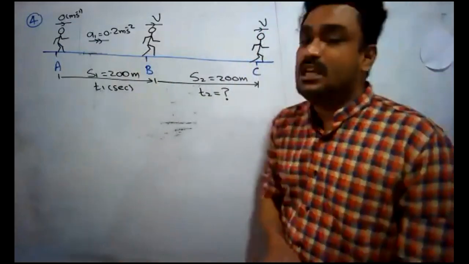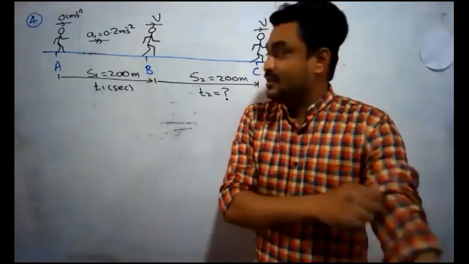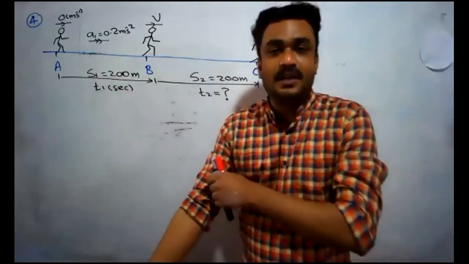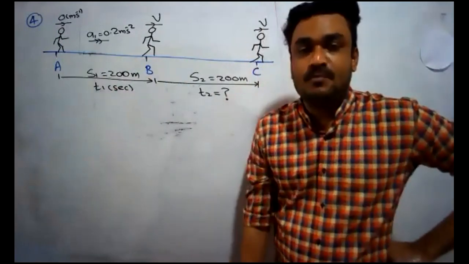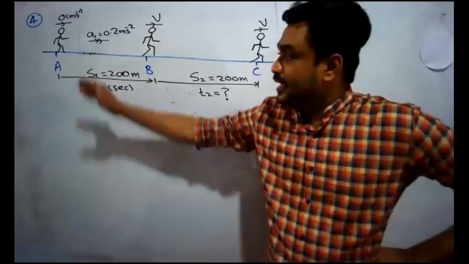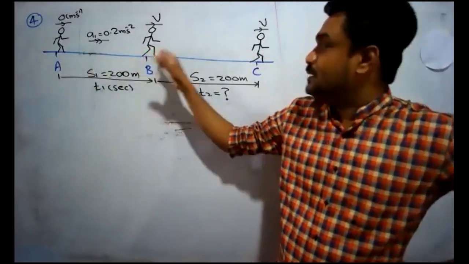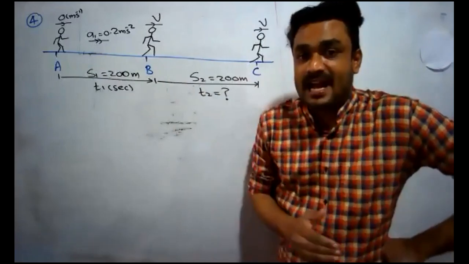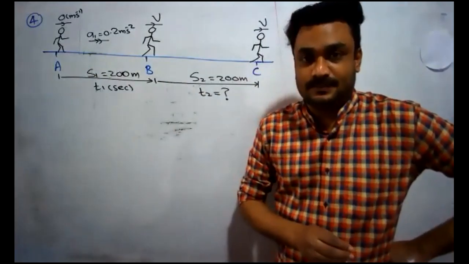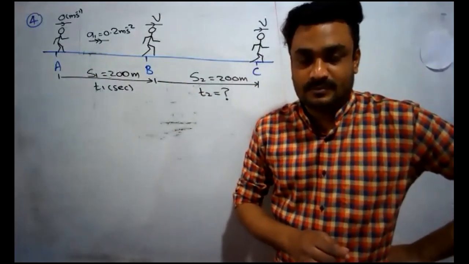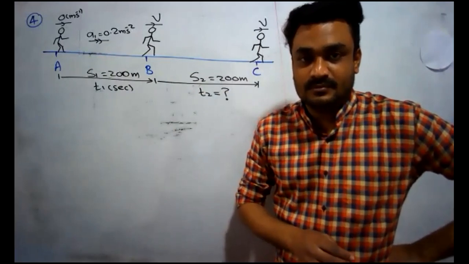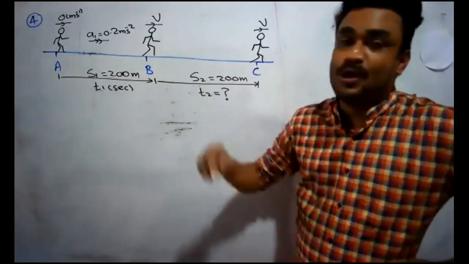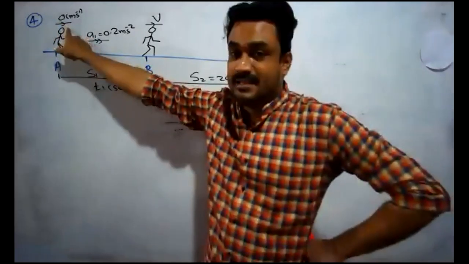B to C, no change in velocity. So, at which point does this boy have his maximum velocity? B, sir.